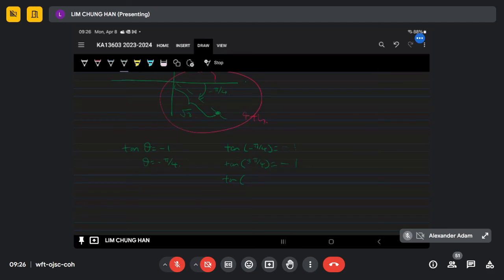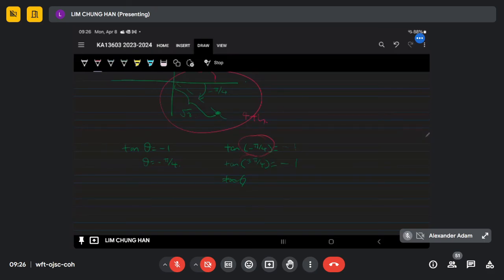But what I've shown you here is two possible examples. So you see, when you try to look for theta, the calculator only gives you this answer, negative pi over 4.